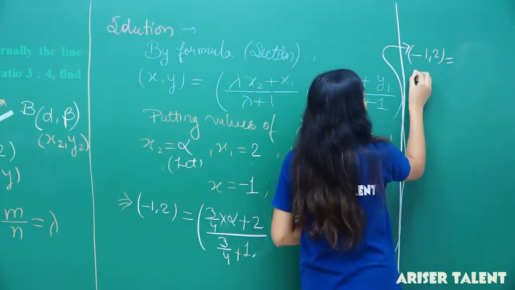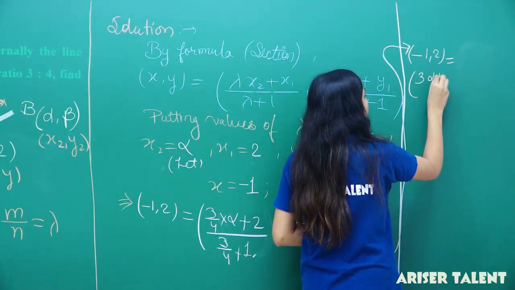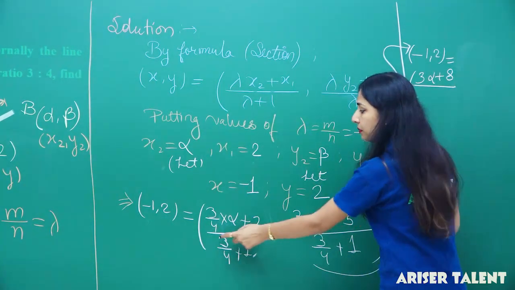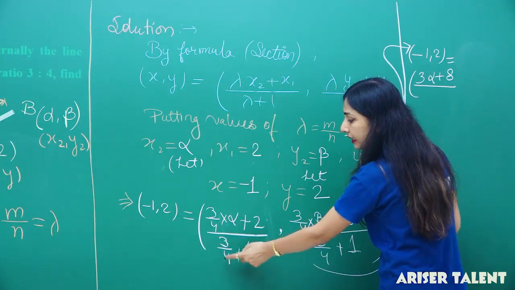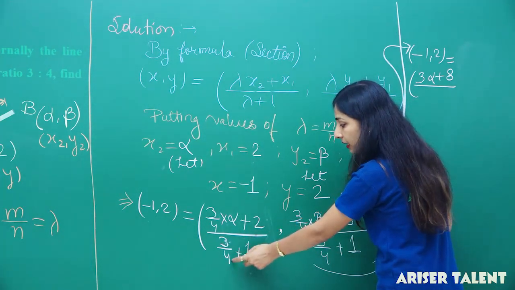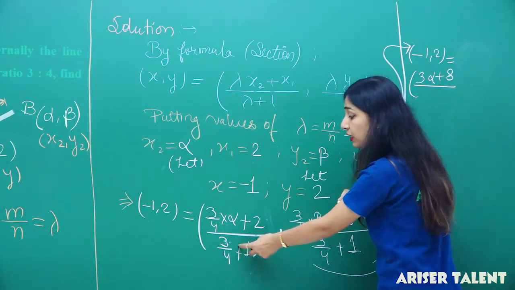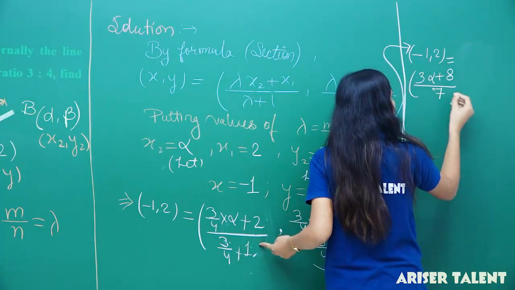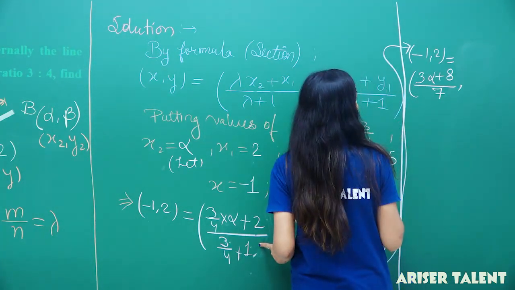3 alpha plus 8 by, here, that will be 3 plus 4. The denominator will vanish. 3 plus 4 is 7, so I am writing directly 7 here.